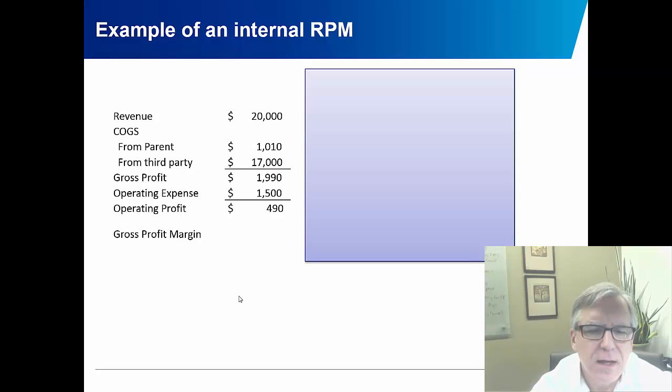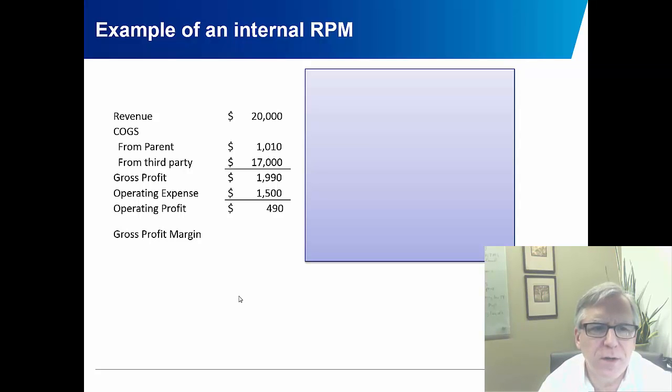Now, we have an operating profit of $490 relative to the $20,000 here. That would produce an operating margin of about 2.45%. Now, the value here is to look at this first as if we could do an internal RPM.